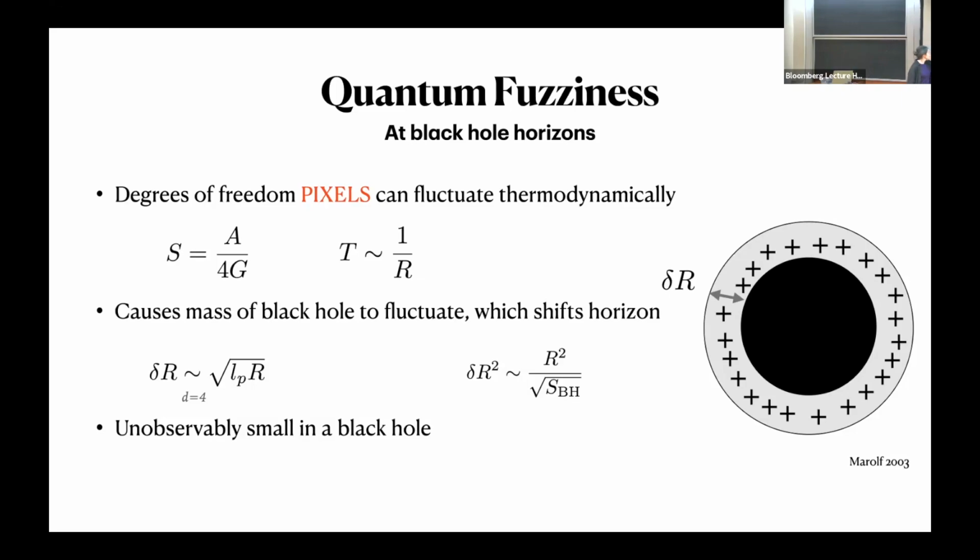And he computed what the shift in the size of the black hole horizon was. Because it depends on the number of thermodynamic degrees of freedom, it shouldn't be too shocking that the result depends on the size of the black hole horizon. In this example, he didn't write it quite this way, but it's equivalent, the uncertainty in the position of the black hole horizon, which is to say the fuzziness of it, depended on the UV and the IR scale.